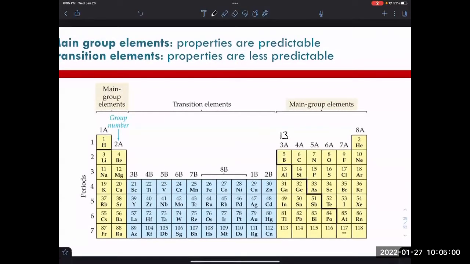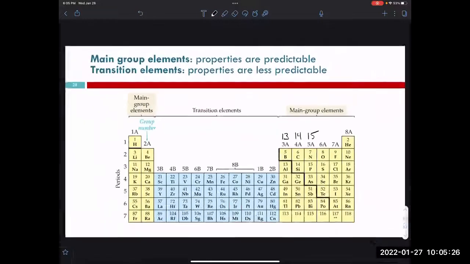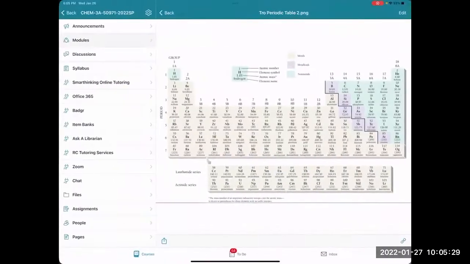If we were doing just all of the groups across, 1, 2, 3, 4, 5, 6, 7, 8, 9, 10, 11, 12, 13, 14, 15. And that's how these are labeled on the table in your book.